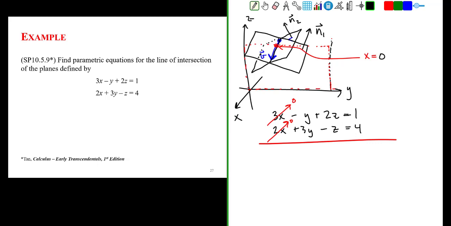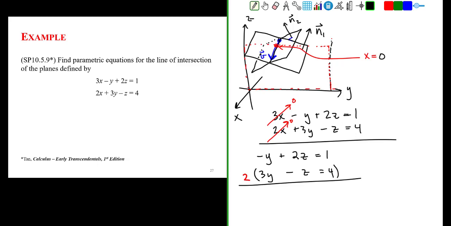Let me just rewrite them down here for clarity. I have minus y plus 2z equals 1, and then we have 3y minus z is equal to 4. What if we multiply the second equation by 2?